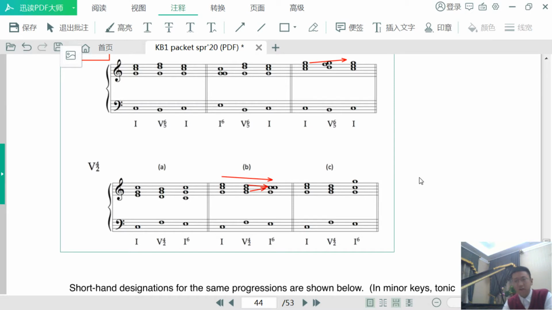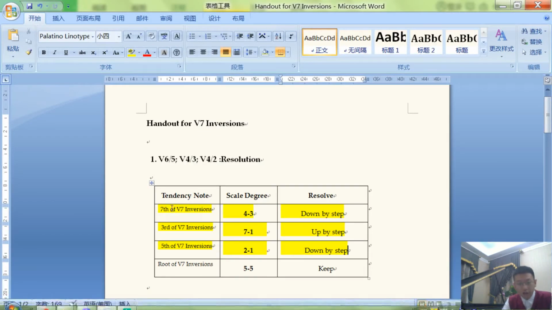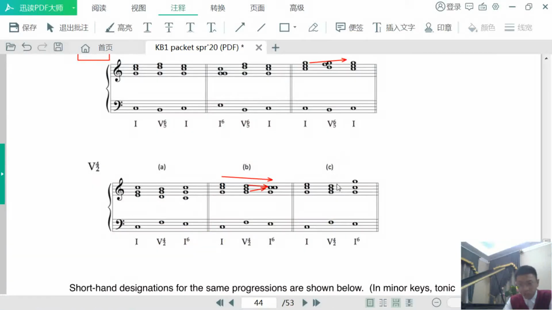Okay, so let's go back to the rule. The 7th of the 5-7 chord goes down by a step. The 3rd goes up by a step. The root will stay. However, here, the 5th of the 5-7 inversion doesn't go down by a step. Instead, it leaps by a perfect fourth interval.